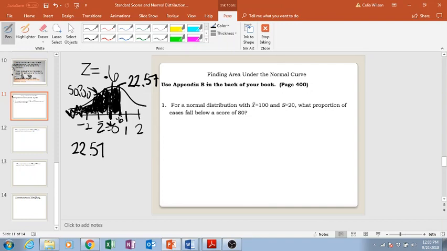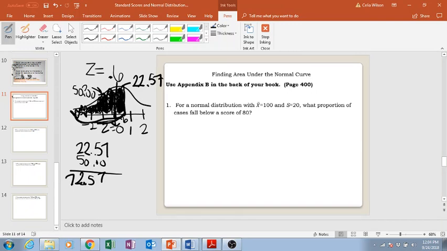So to figure out all of this area, all of that percentage that I scored better than, I'm going to take my 22.57 and I'm going to add my 50. All right, so 7, 5, 2, and 7. So 72.57.